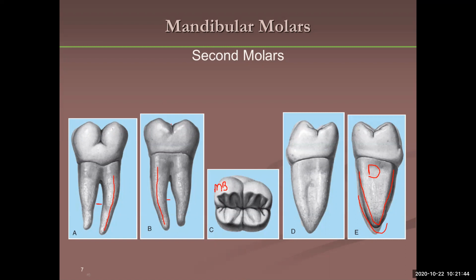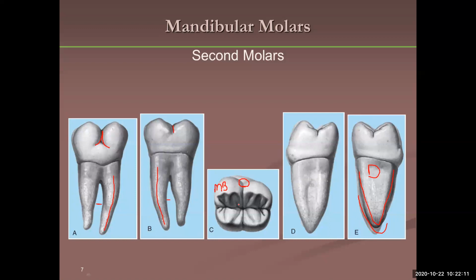Now, this is the lingual, and this is the buccal groove, separating the two. What do you think is going to be more caries prone? The buccal groove. All right, so this is opposite of what the maxillary molars are. For the maxillary molars, the lingual is more caries prone.